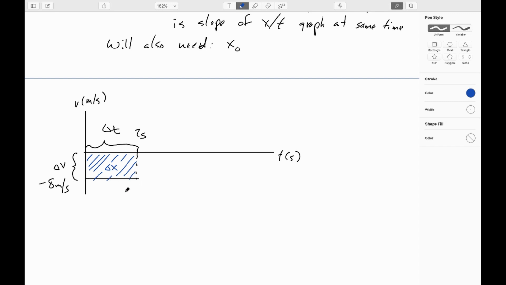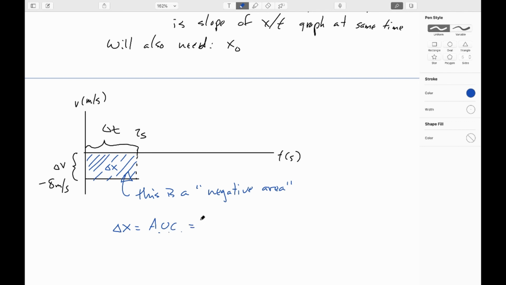Because this delta v is negative, areas that are measured below the horizontal axis we have to define as negative. So this is just a definition to make this little trick work, but we can do it. The displacement would be equal to this area under the curve, we usually call it.